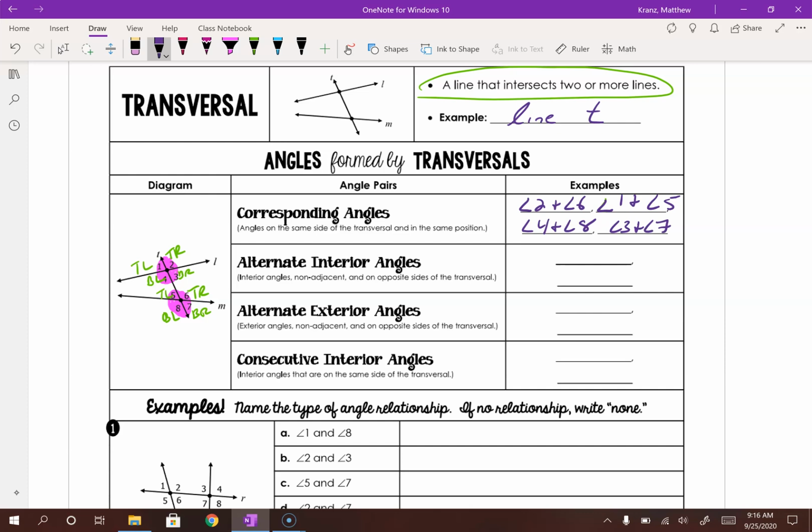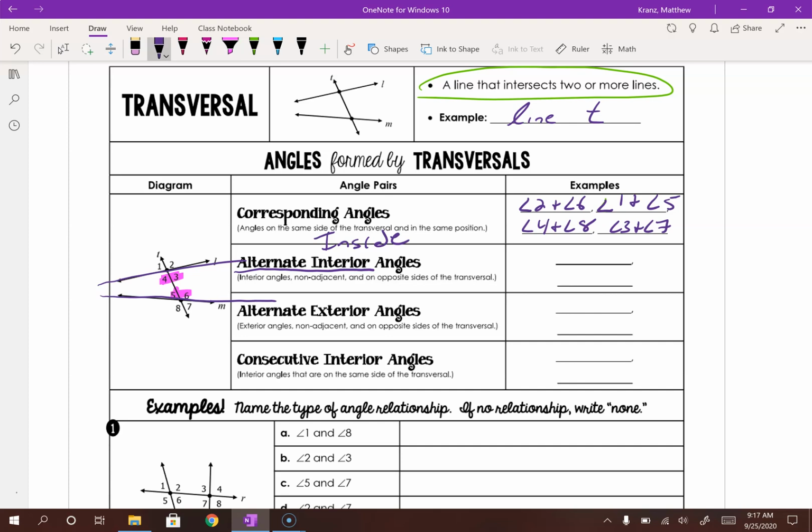All right, now let's talk about alternate interior angles. The word alternate just means when you alternate something, you would go left, right, left, right, or right, left, just basically changing sides. And what we're alternating here is the transversal. We're jumping from one side to the next side. That's alternating. All right? Now, interior means inside. Well, what are we inside? We're going to be inside the 2 lines. So these angles here are all the angles that are inside those 2 lines.